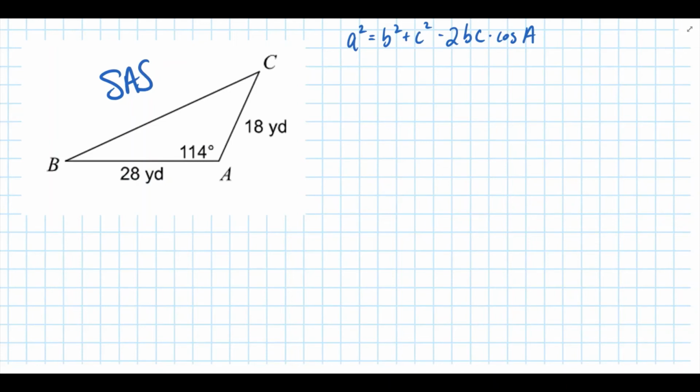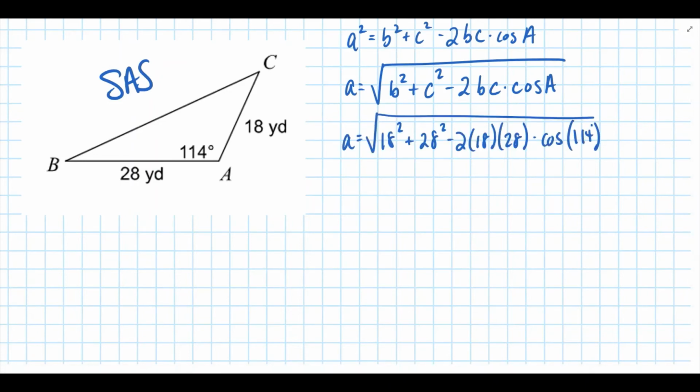To solve for side length A, we can take the square root of both sides of the equation and set up a new equation that looks like this to solve. To find angle measure B, we can set up the second form of the equation and use algebra to solve.